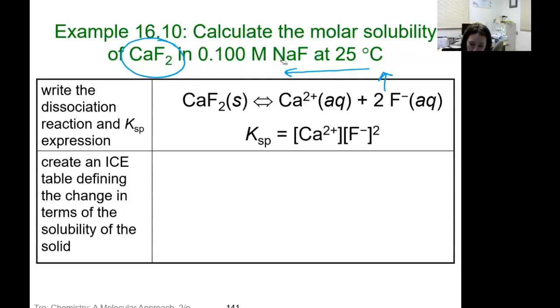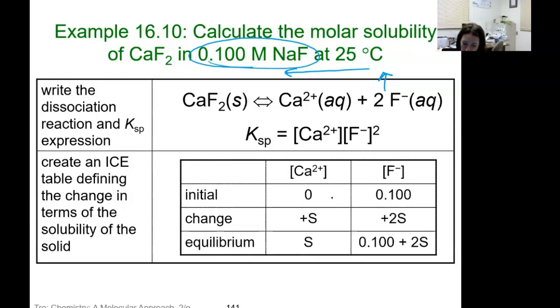So what we're going to do is start with this amount. Instead of a 0, we're starting with this from our NaF. And again, this is going to go up by 2s. It's going to be S. And so in the end, we have 0.1 plus 2s.